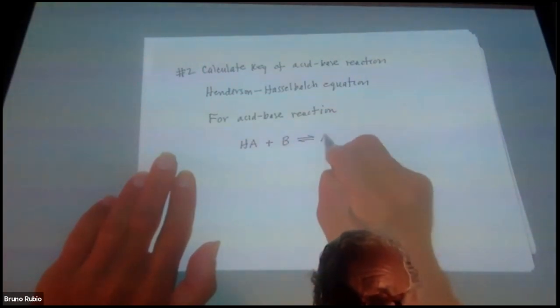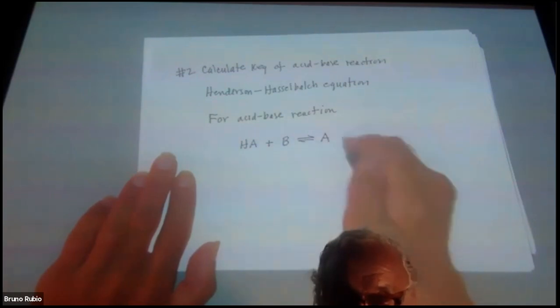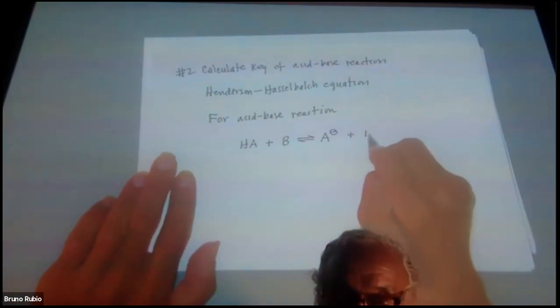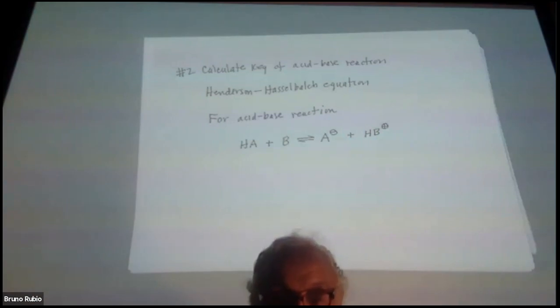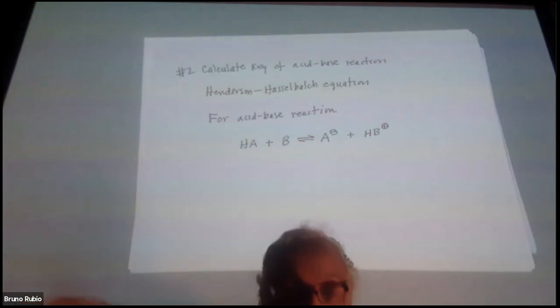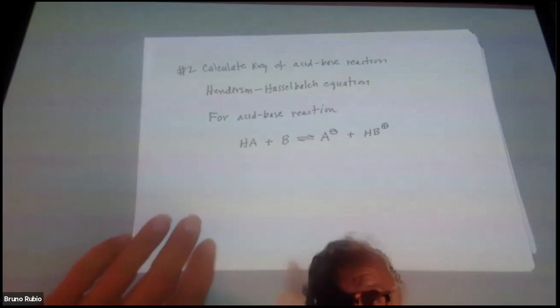And what is going to happen here is the acid is going to trade off that H plus to the base. So HA becomes A minus, it gave up the proton. B becomes HB plus, it picked up the proton. So that's just a generic acid-base reaction.